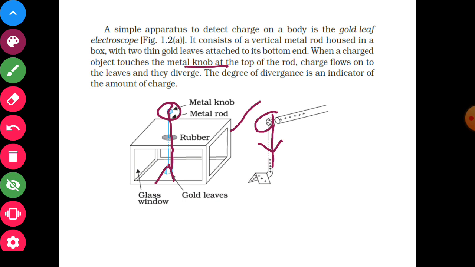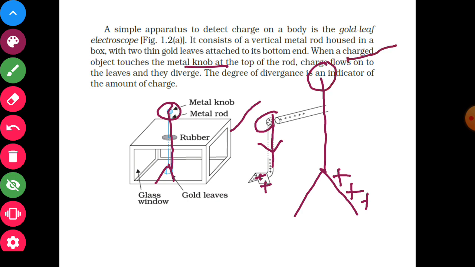The charge will transfer, because metal has an ability to pass the charge, because they are good conductors. Okay, so positive charge will be established on both the leaves. Some positive charge will come here. Say this is your metal rod, this is the knob, this is the object which you are bringing.